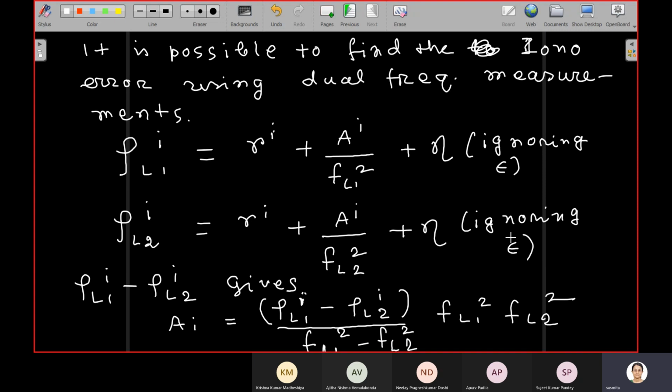But how about the users that do not use dual frequency measurements? If the user can process only single frequency measurements, if he has a cheap receiver which does not process dual frequency measurements, what will the user do?